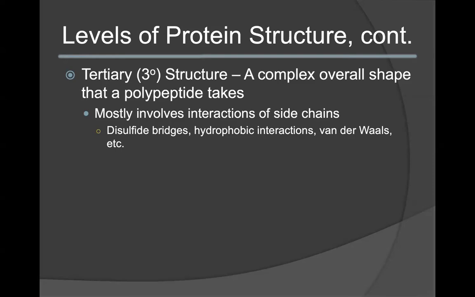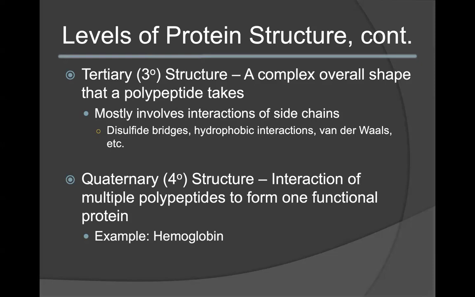You're going to have important bonds such as disulfide bridges form. You're going to have hydrophobic interactions. You're also going to have van der Waals forces, either attractive or repulsive, that are going to come into play that will help a protein take on a tertiary structure. If you consider the secondary structure, the primary bond there is the hydrogen bond.